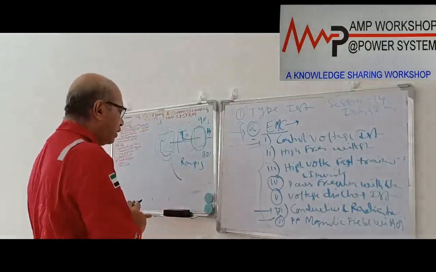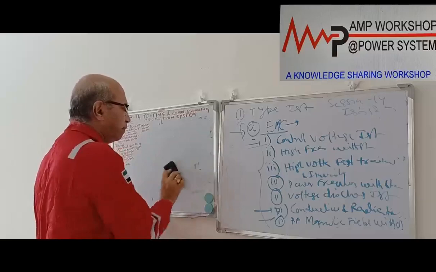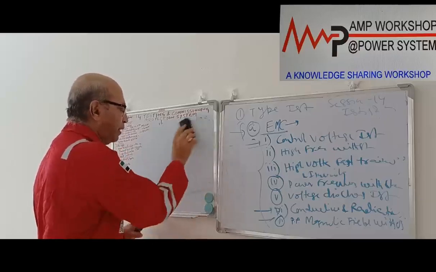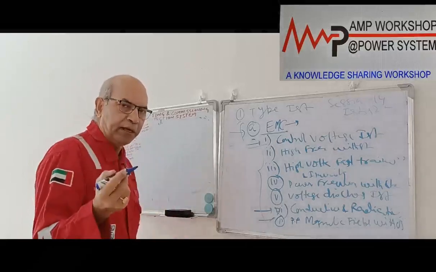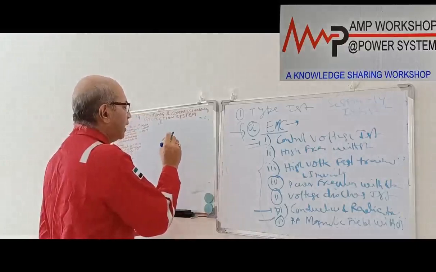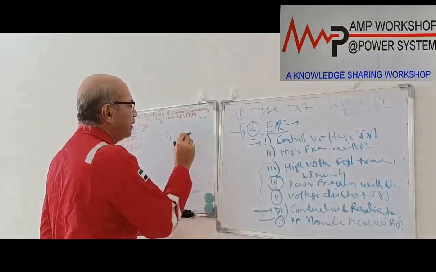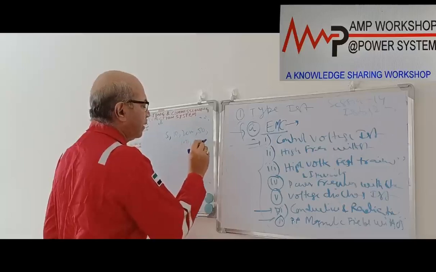Now another test we carry out in addition to this: if the DC supply fails for some time, we divide it into 10 millisecond, 20 millisecond, then 50 millisecond, 100 millisecond, 200 millisecond.